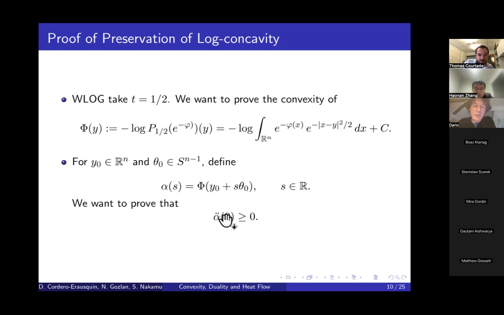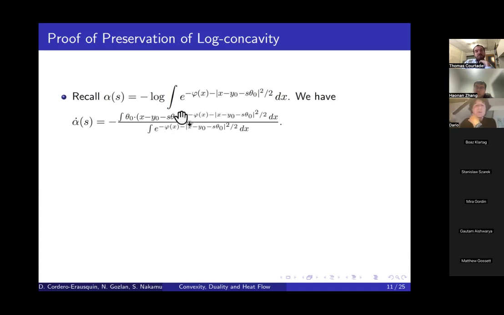What I want to prove is that this function is convex, so I will compute its second derivative at 0, and I will use dots just to not confuse the derivatives in the space and the derivative in the variable s. So here I recall the definition of alpha. I have my log concave function, here the heat kernel. So I compute the first derivative. The first derivative gives you θ0 dot x minus y0 minus s θ0, times the same function here.